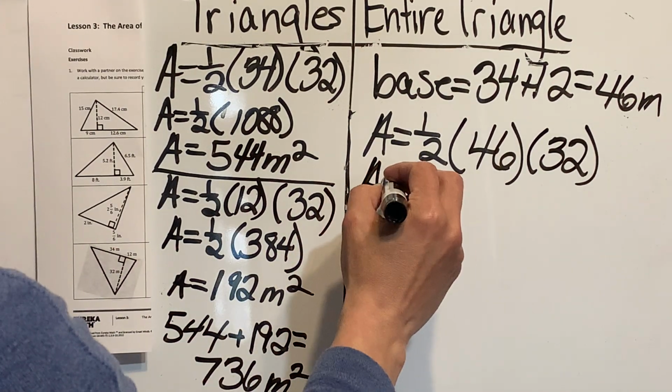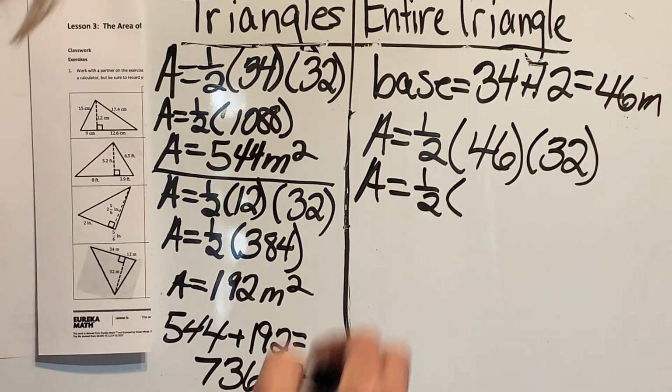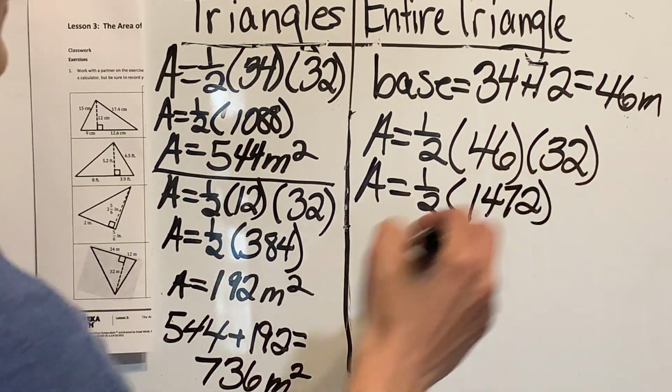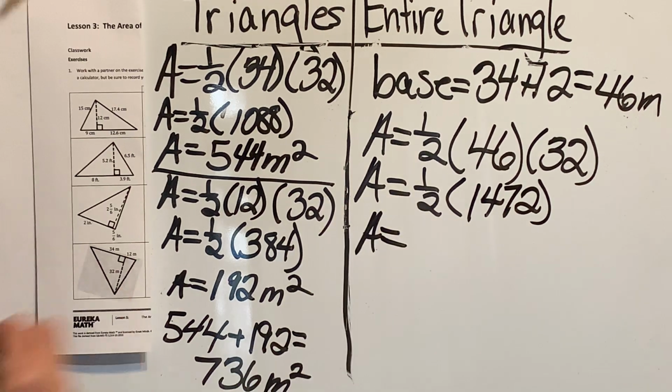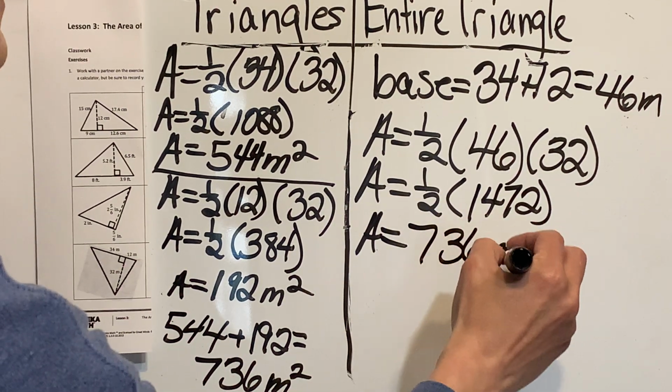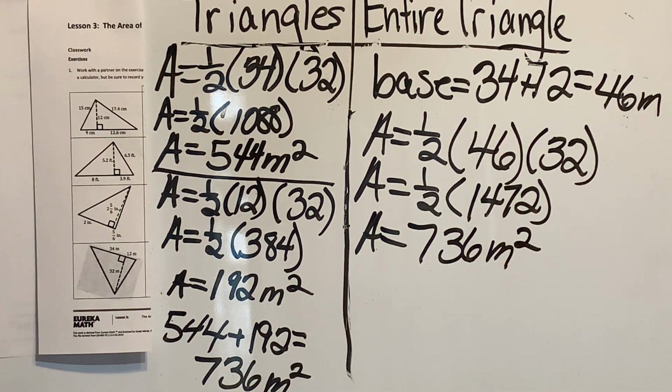So we've got half of 1,472, and so the area then would be 736 meters squared. All right, so you can choose which way is easiest for you to find the area of the triangles. Either way will get you to the right answer, and we've proven that.